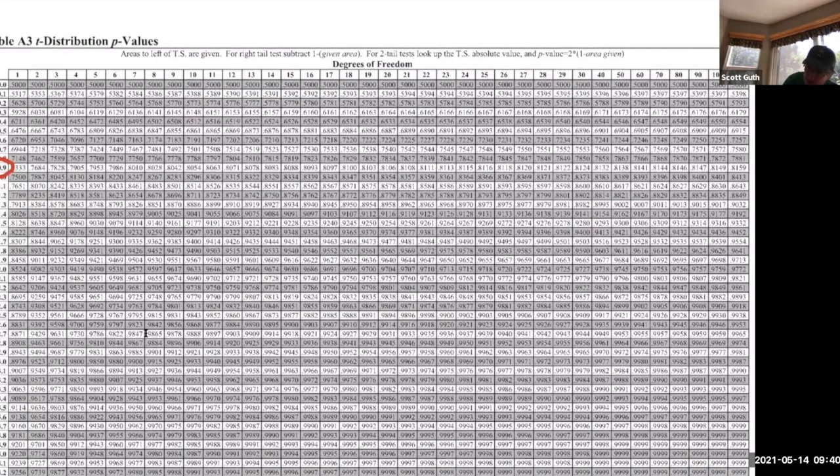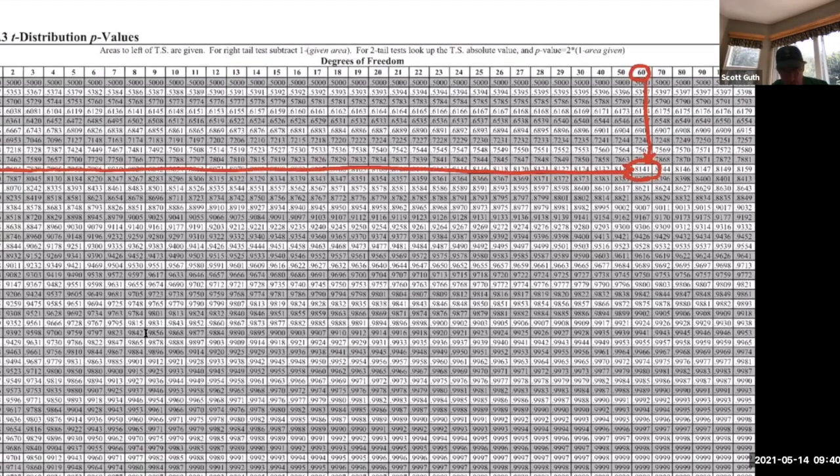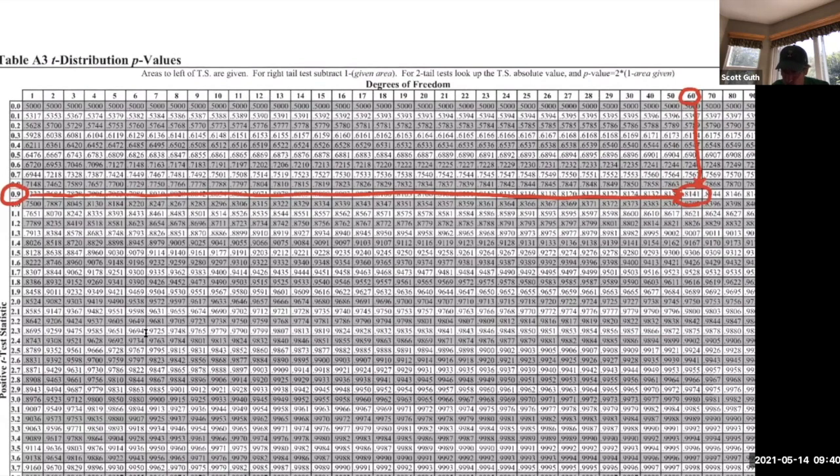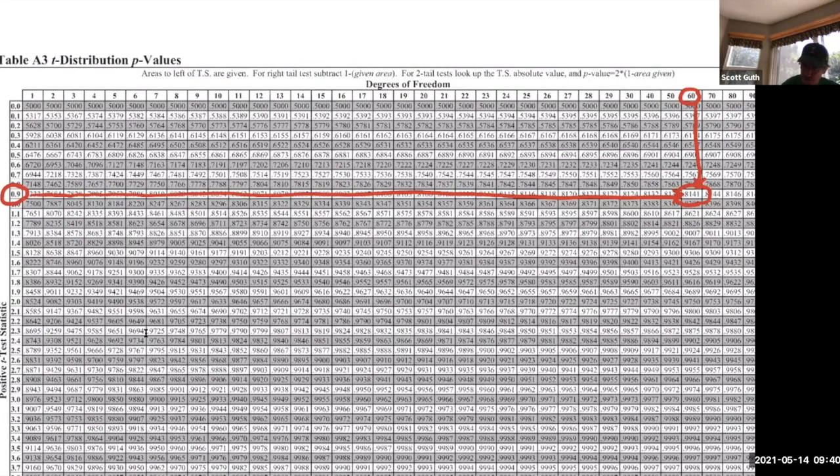I guess we'll have to use 60. I don't know whether to use 60 or 70. Let's just use 60. Theoretically we should always round these up to a larger number, but on the exam, I always make sure that it's exactly on the test so you don't have to round your degrees of freedom. Anyway, 0.8141.